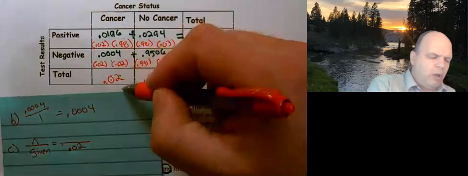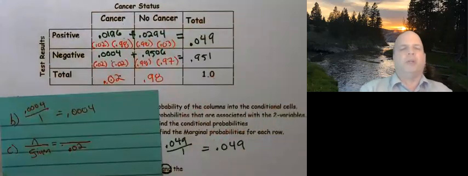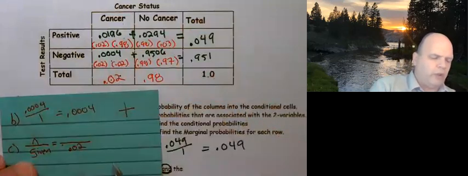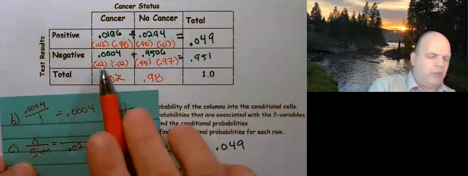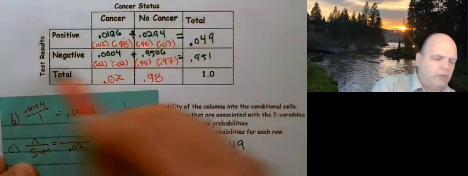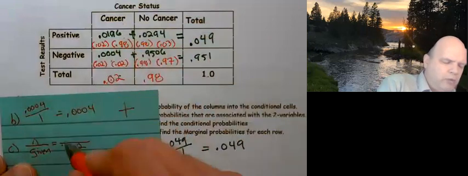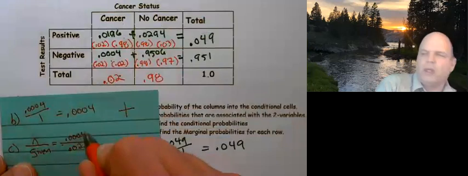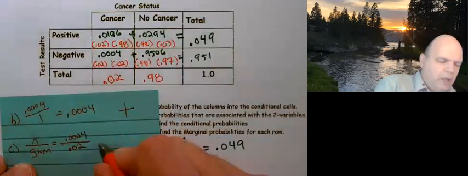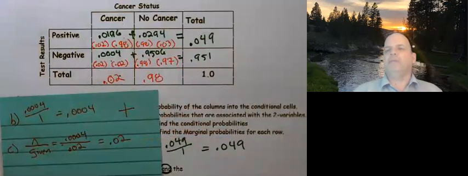Now I'm looking at the intersection of the two, where they cross. Remember, intersection is where they cross. So you're looking at the intersection of negative and cancer. This is cancer, this is negative. My intersection is 0.0004. So 0.0004 over 0.02, and my answer happens to be, there's a 2% chance that that will happen.